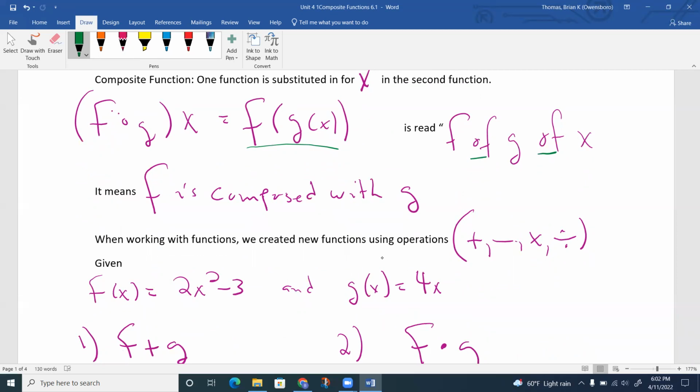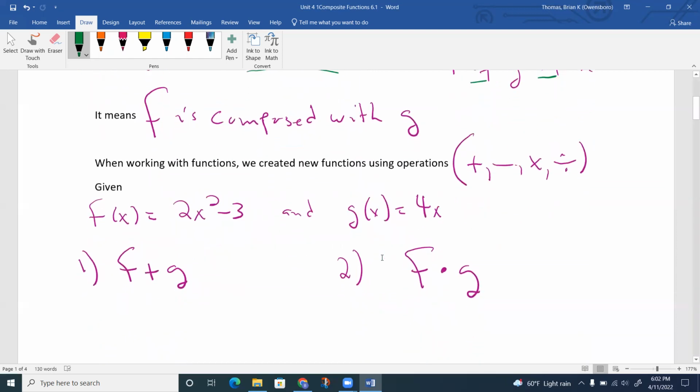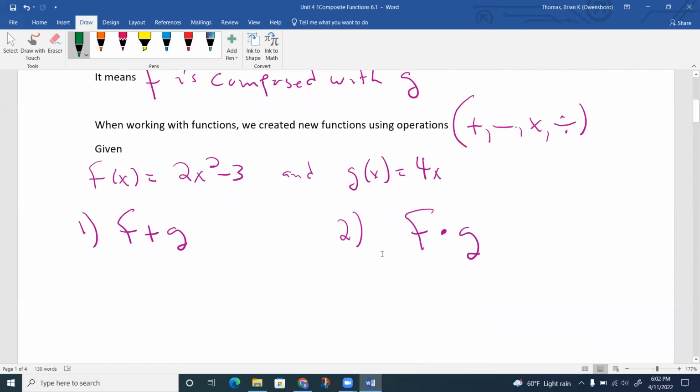As I said, when working with functions, we created new functions using these operations: adding, subtracting, multiplying, dividing. If we were given f of x equals 2x squared minus 3 and g of x equals 4x, we've already added functions before. If I want to do f plus g, all we have to do is add the 2x squared minus 3 to 4x.